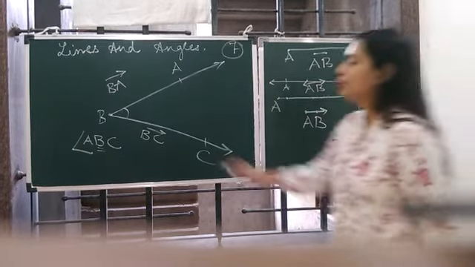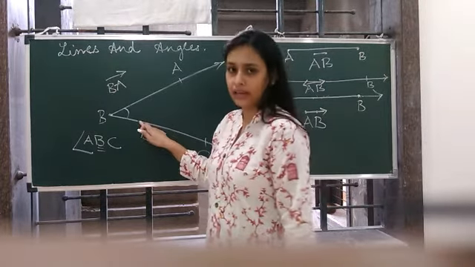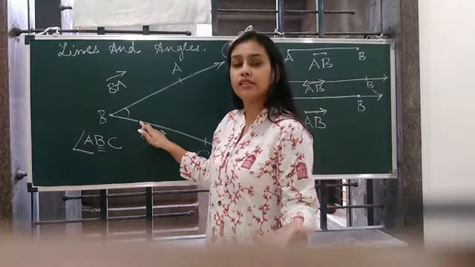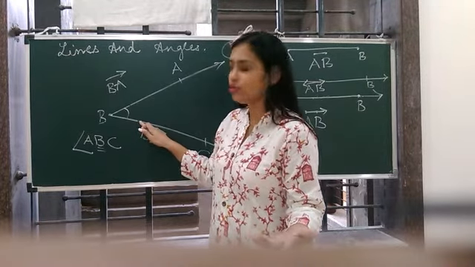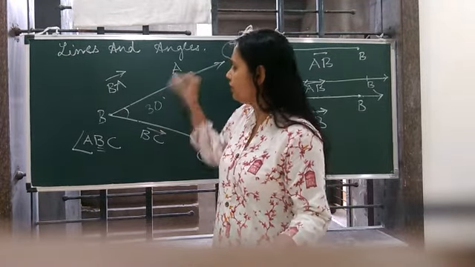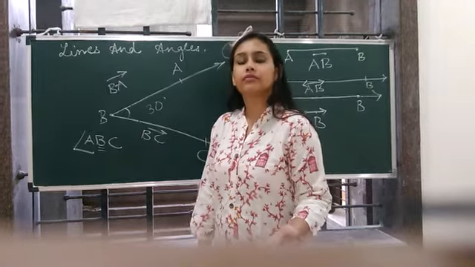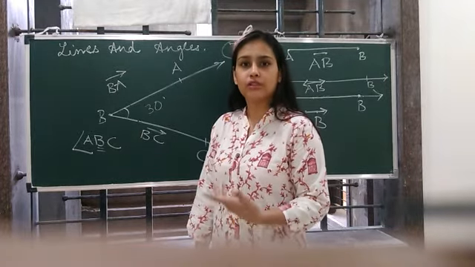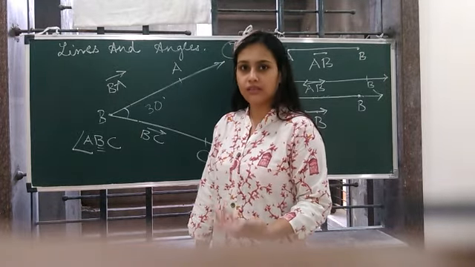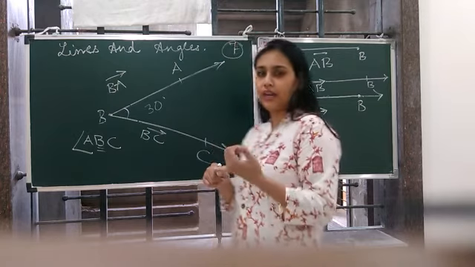Now, depending upon the measure, an angle can be categorized into many types. Suppose it's a 30-degree angle, then it's an acute angle because it is smaller than 90. Yes, we have done the classification of angles.